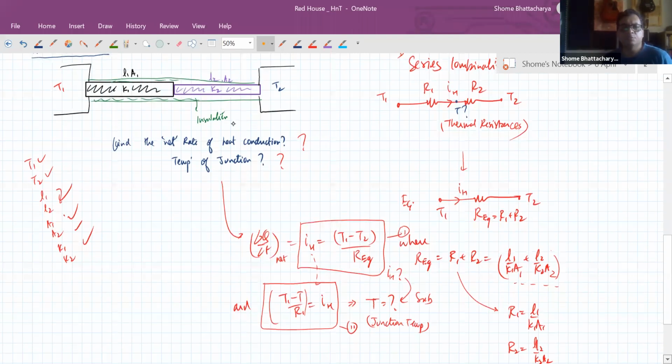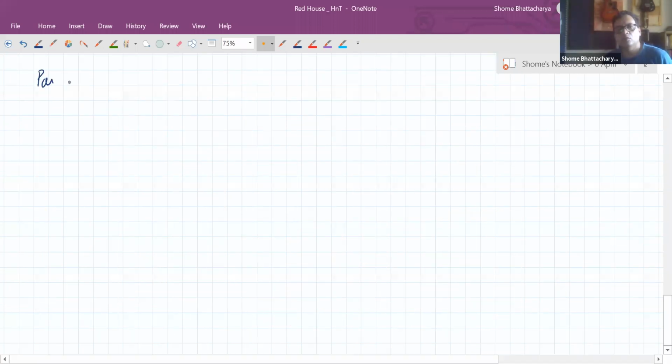But before we come to examples of combinations, let's look at the second type of combination, which all of you know, the parallel combination. It is the same thing you have seen with electrical resistors in combinations in class 10th, so it's like a revision of that concept.